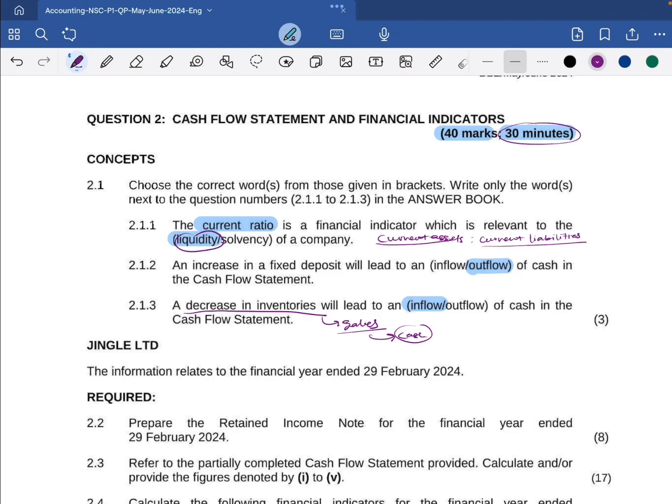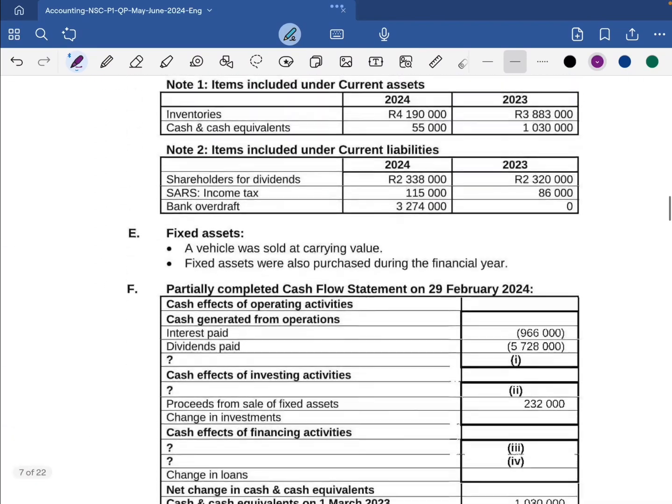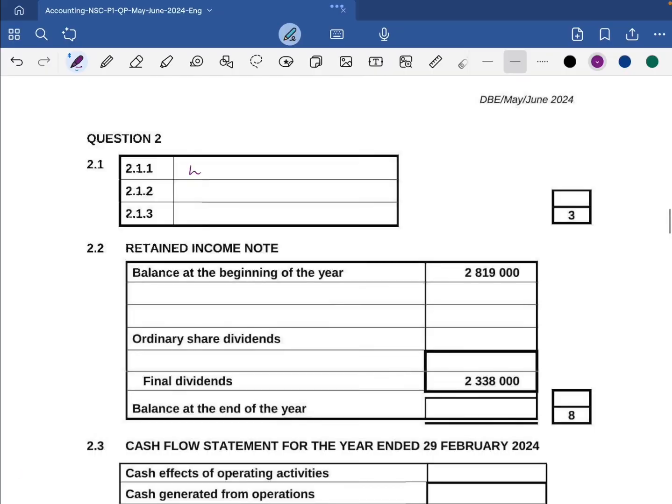Okay, so it's liquidity, outflow, inflow. We're done with the first concepts.